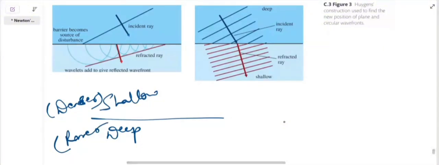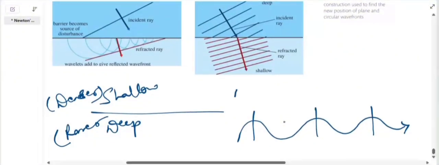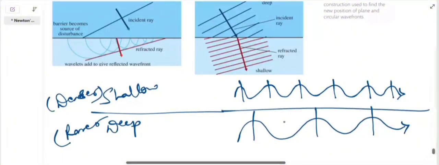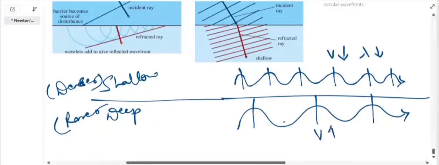In the deep water, the speed of the wave is very high, and the wavelength is very big in comparison to the shallow water, where the waves have very small wavelengths and the speed is also slow. So in shallow water, v is slow and wavelength is small, whereas in deep water, wavelength is high and speed is also high.